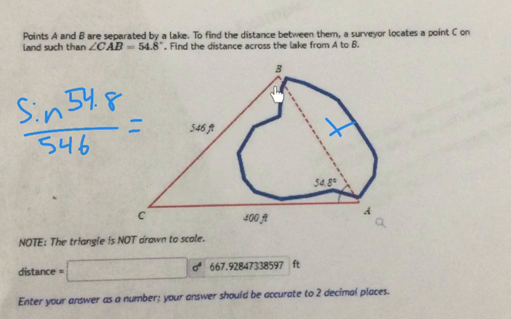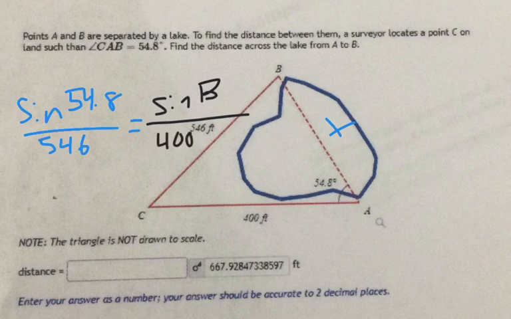No, that's exactly right. I'm going to have to find B first. So this is going to be a two-part problem. I'm going to have to find beta. Then once I know beta, I'll know two angles, I can find the third angle, and then I can find that length. So this is just like the law of sines problems we were doing yesterday. Let's find beta. Sine beta over 400, and I'm going to cross multiply.